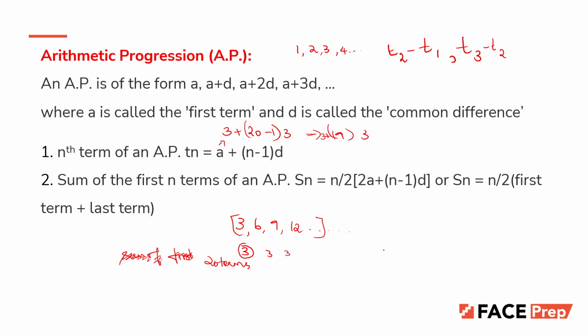So here you may take the formula as n by 2 into 2a plus n minus 1 into d. This is the formula for the sum of the first n terms. So you may use this formula.